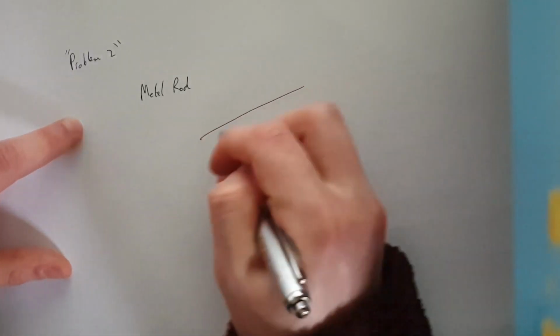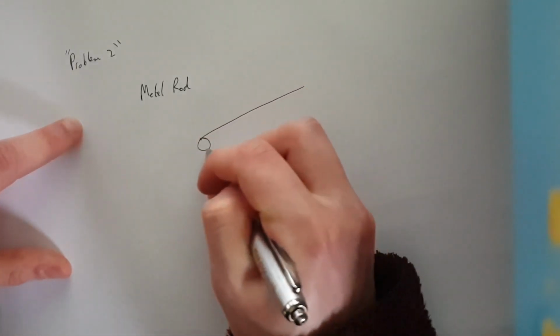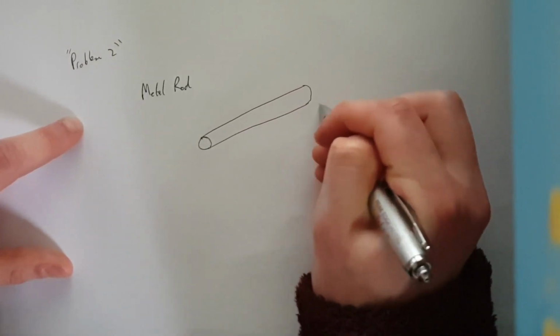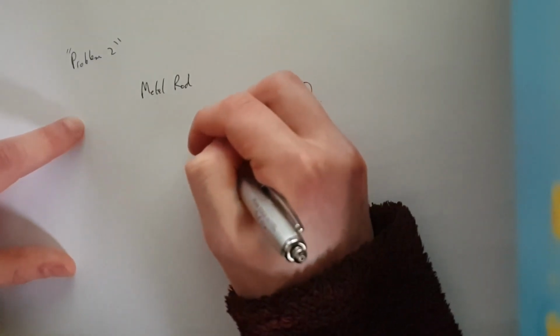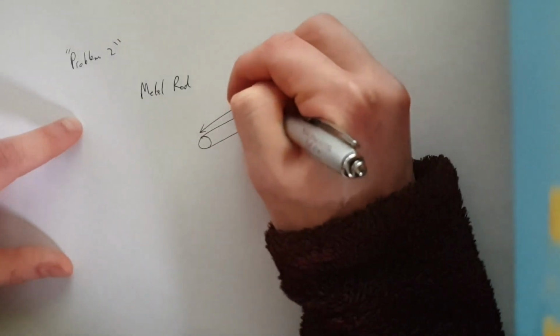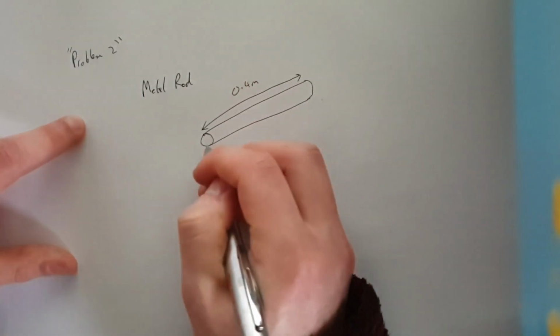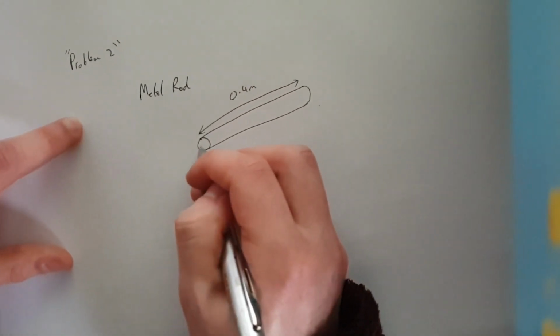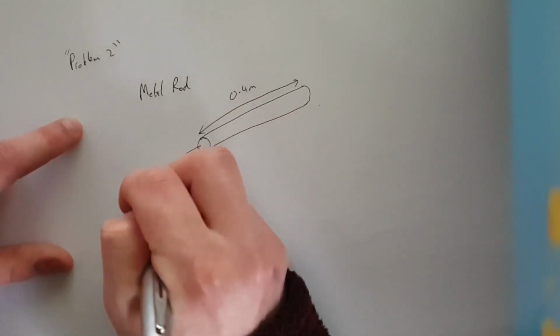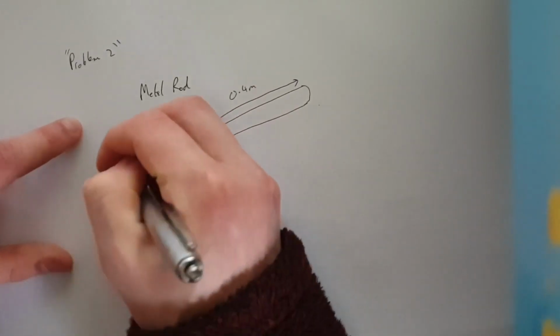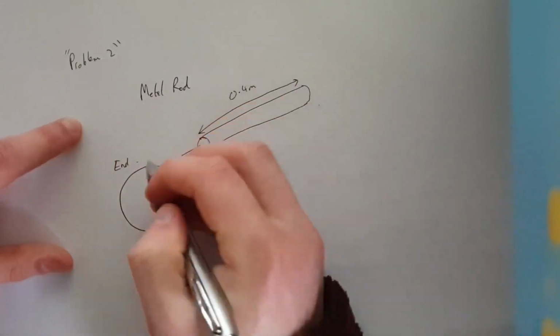Okay, so here's my fabulous drawing again. It's got a length of 0.4 meters. It's got a diameter of 0.04 meters, so I'm going to draw this as a bigger circle. So this is the end.